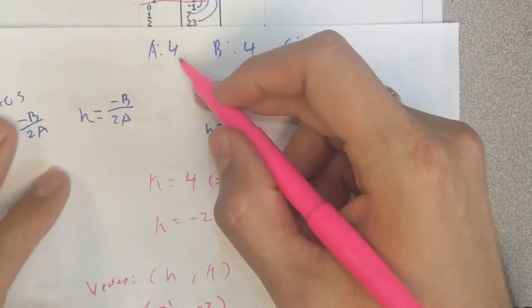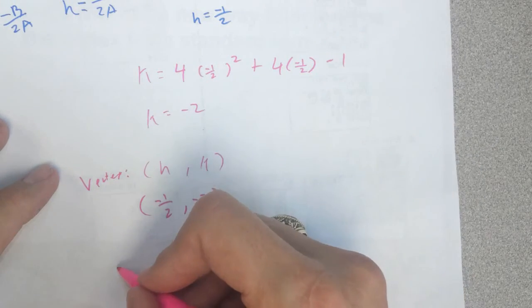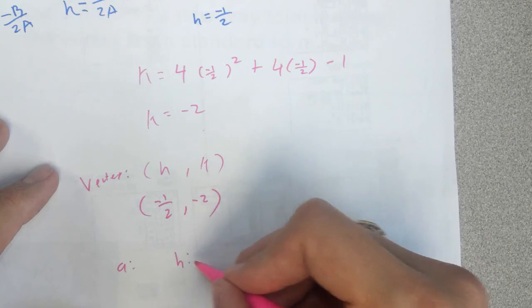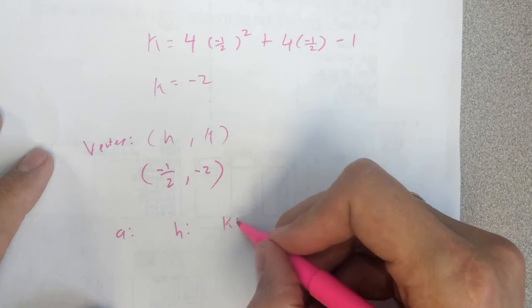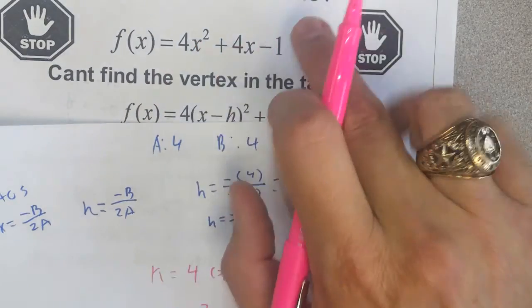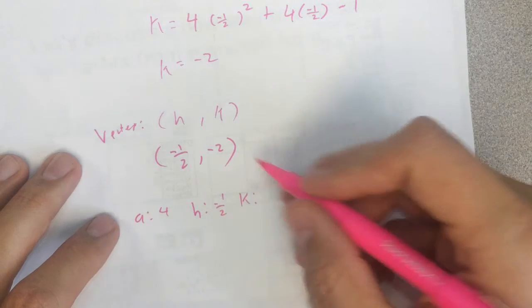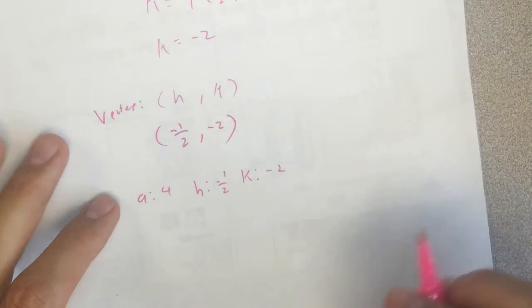So now I have my A, my H, and the K. So let's go ahead and write those out. A, H, and K. My A I get from my original equation. My A value up here is 4. My H is -1/2, and my K is -2.